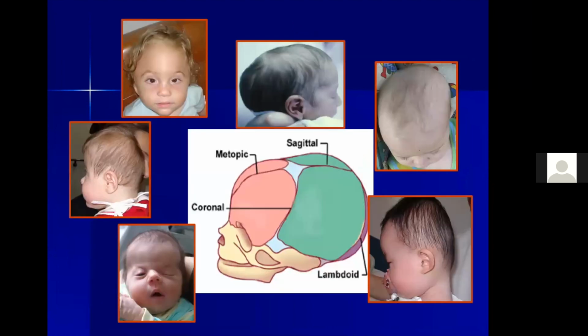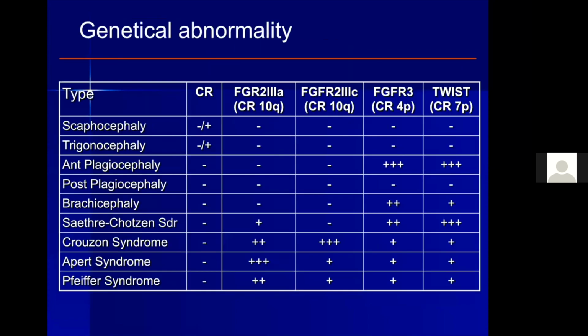So those are the most common single suture craniosynostosis, in which we have trigonocephaly, scaphocephaly, anterior plagiocephaly, brachycephaly, and posterior plagiocephaly. Normally, we could have some genetic abnormality in craniosynostosis.